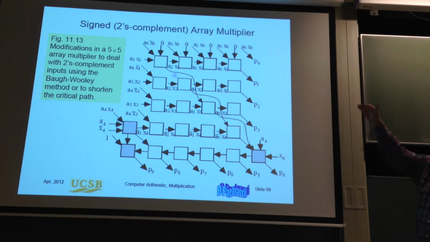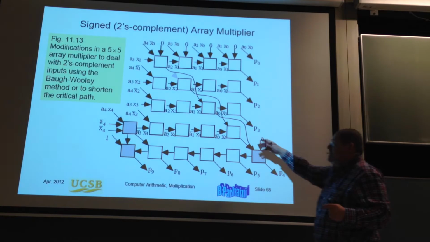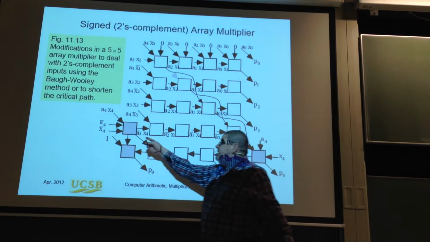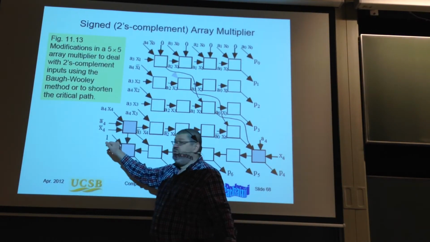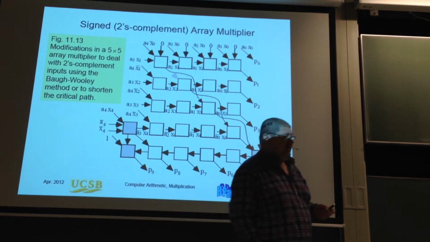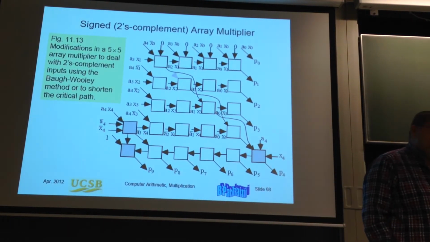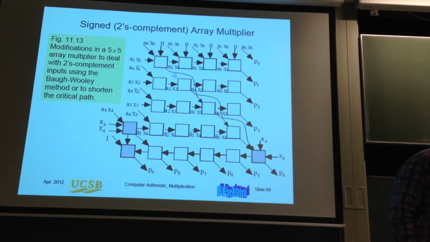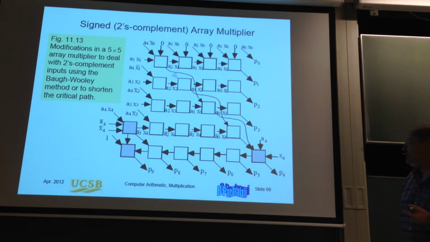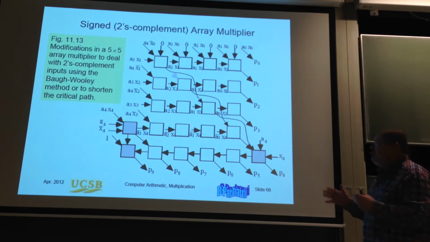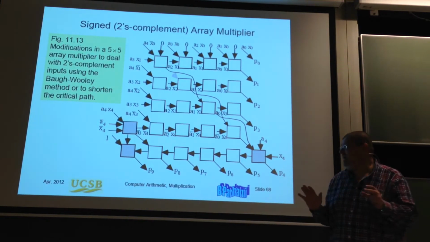Then all of them are doing addition, but this one is doing subtraction. You invert those guys, and then you have a hot carry injected in the calculation in order to do the 2's complement calculation. And there is something else which you see here, which is kind of weird.